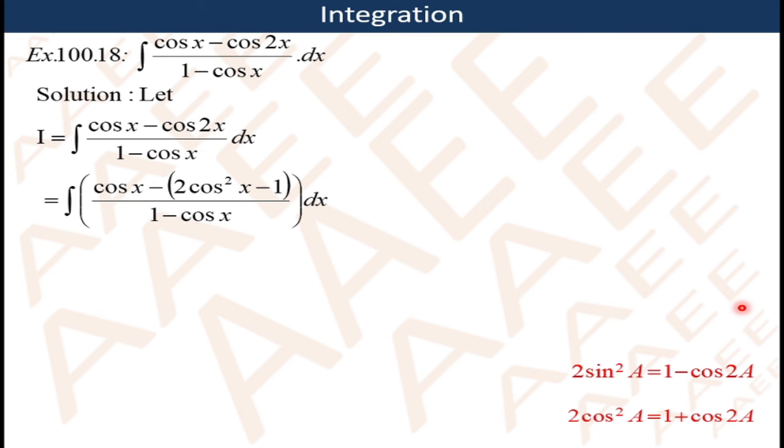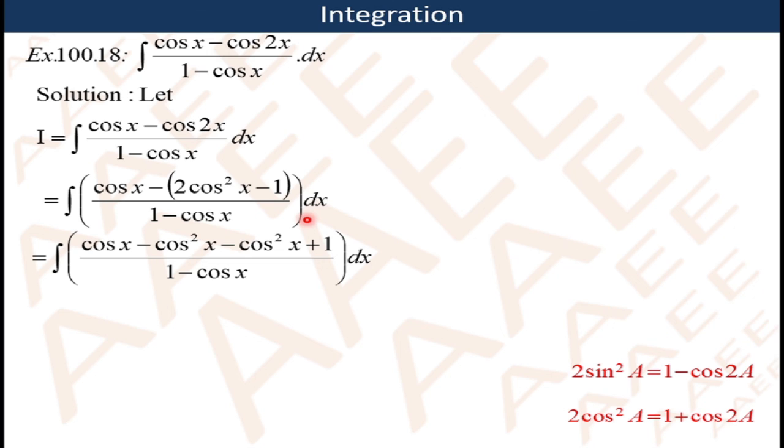Cos of 2x can be written, by using this formula, as 2 cos square x minus 1. So this will be integration cos of x minus cos 2x, which is 2 cos square x minus 1, upon 1 minus cos of x into dx. Now let us expand it.